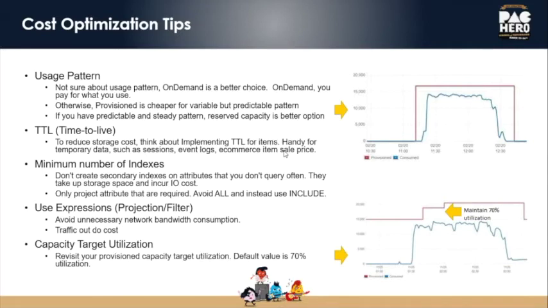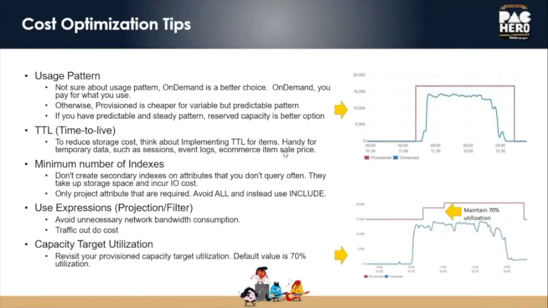On the right-hand side, you've got this graph, which is from testing. What we had was we provisioned the capacity to 15,000 reads and writes. The consumed capacity was getting close to 15,000, and what you see is that after roughly 5 minutes, DynamoDB automatically increases our provisioned capacity to maintain that 70% utilization.